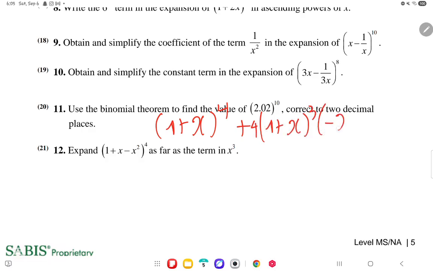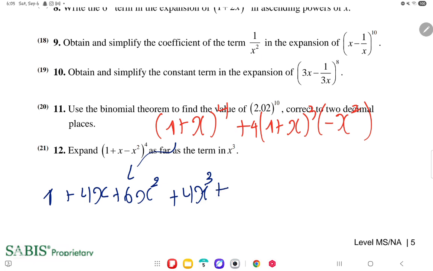Okay? So what is the value of (1 plus x) to the power of 4? It is 1 plus 4x plus 6x squared plus 4x to the power of 3 plus x to the power of 4. Do we need x to the power of 4? No. Why? Because it's to maximum the term x to the power of 3.